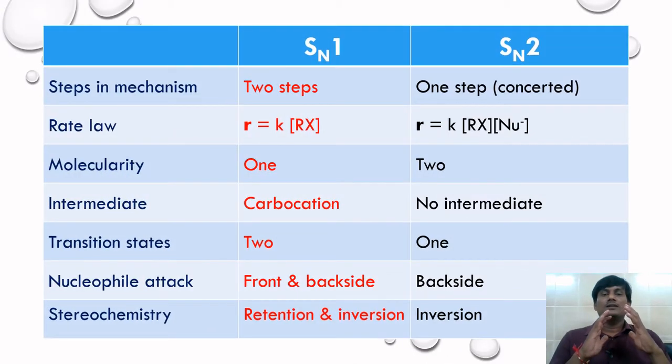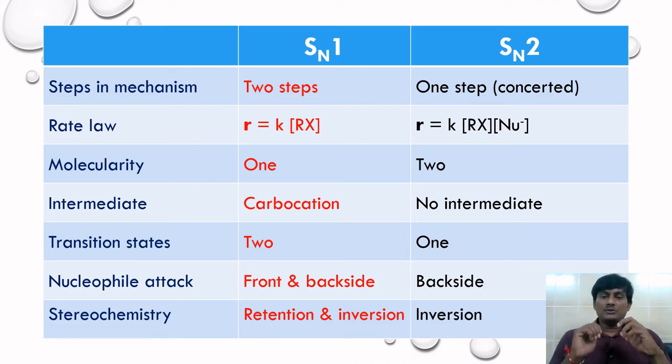Let us compare SN1 and SN2 reactions. If you take the mechanism, in SN1 you can find 2 steps. In SN2 you can find only 1 step. And if you take the rate law or rate equation, here in SN1 rate is equal to rate constant into alkyl halide concentration.